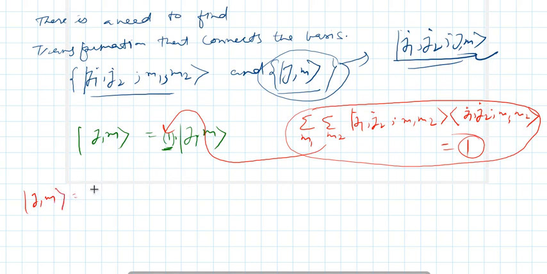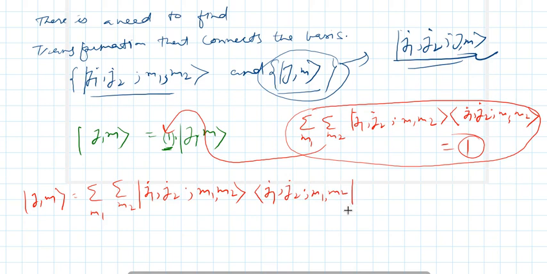It can be written as summation over m1, summation over m2, |j1, j2, m1, m2><j1, j2, m1, m2|j, m>, and this is from the completeness condition as I stated here. Let me simplify it.